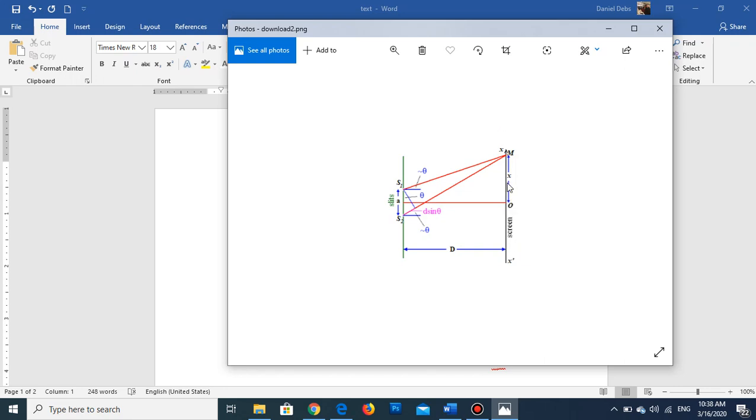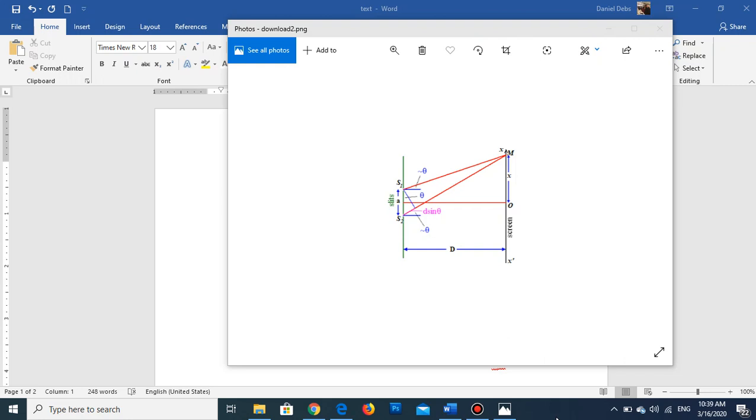This is O. And this axis x prime x is directed upward. So all points above O have positive abscissa, and points below O have negative abscissa. This is a very important figure. You have to know it to study the interference of light.